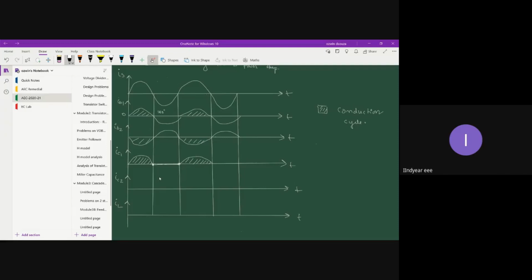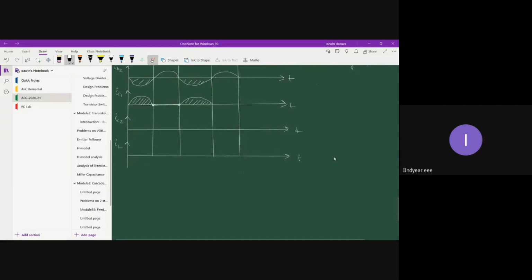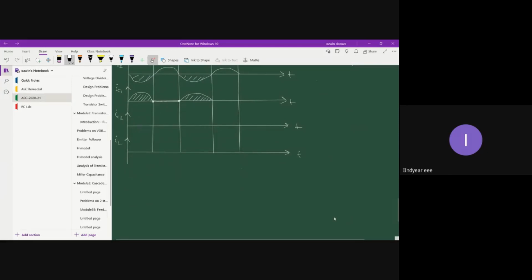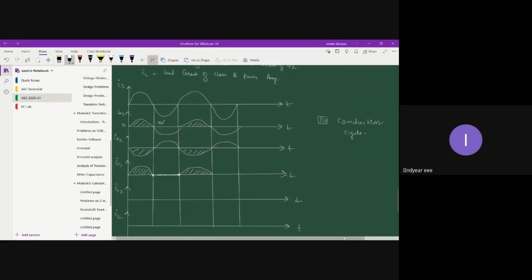IC2 is the collector current of transistor Q2. So IC2 flows for 180 degree to 360 degree duration. Let me mark that here. This is your 360 degree. Between 180 and 360, IB2 is positive going, so your base current is positive going.